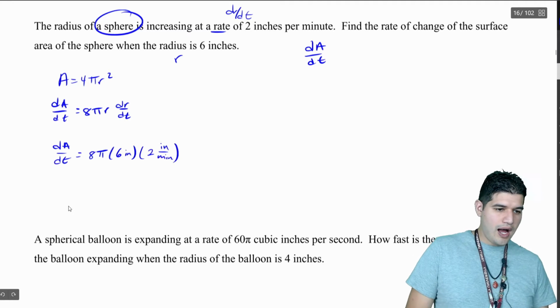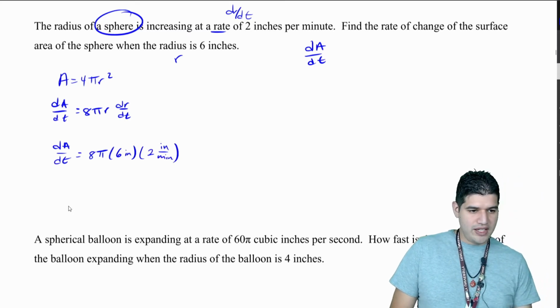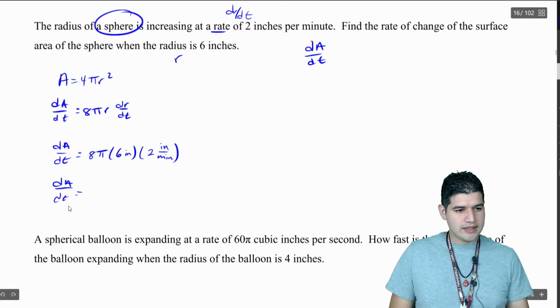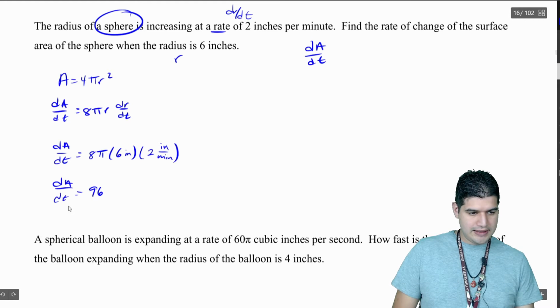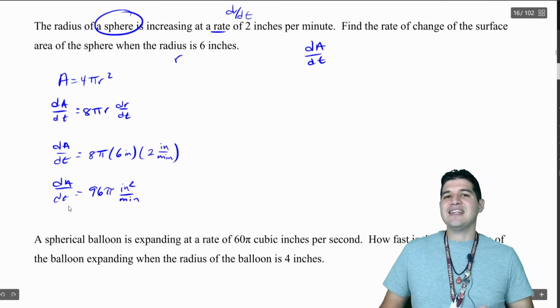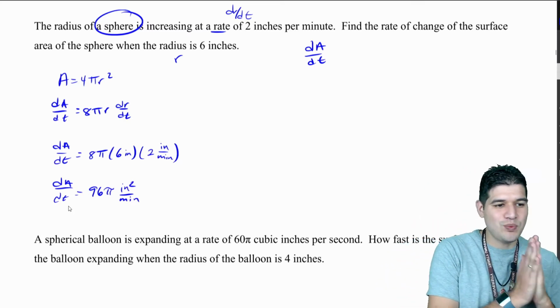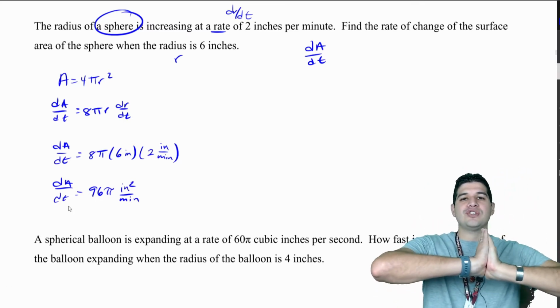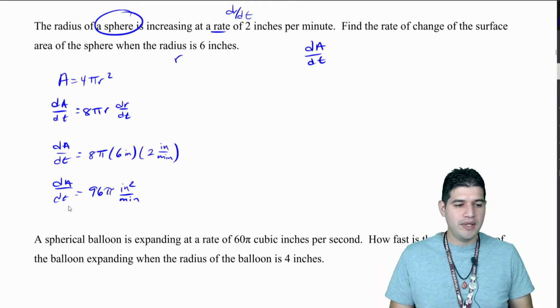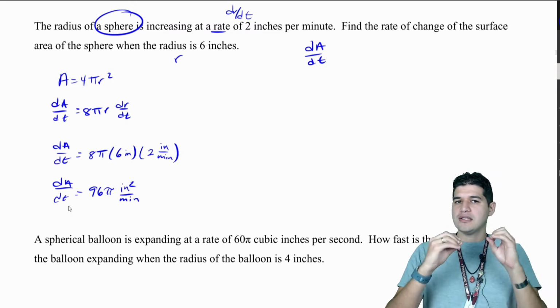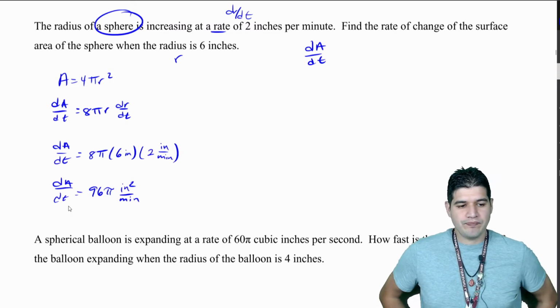Let's figure out that rate. dA/dt equals 8 times 2 times 6, which is going to get me 96 pi square inches per minute. And again, that's why I keep the units with it the entire time, because it makes it so much easier to analyze the units as I'm moving forward, because I have it all to multiply as I go forward.